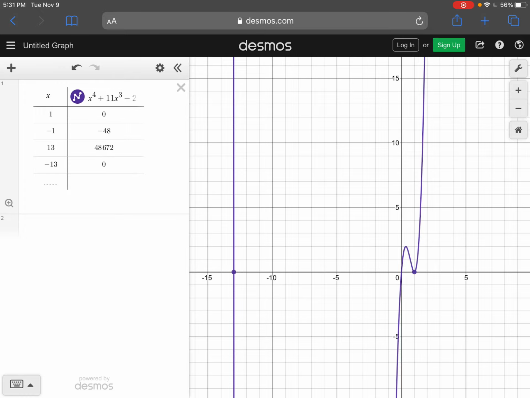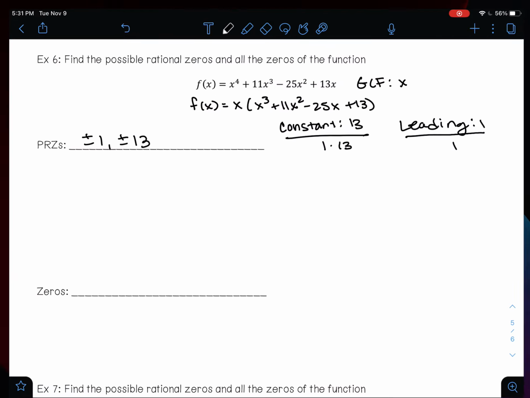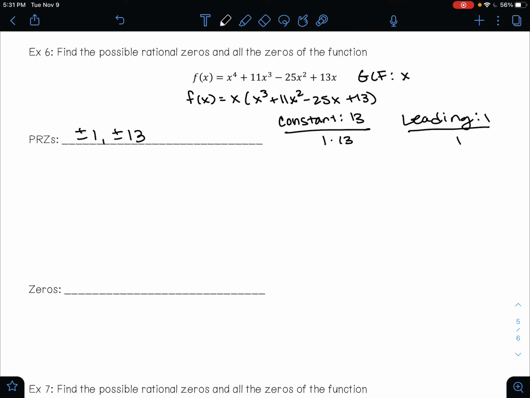Let's go back to our notes so I can show you the 3 that we have. Right now, if x is a factor, then that means that 0 is a solution. This is from the GCF. We also found that 1 and negative 13 were solutions from the table.